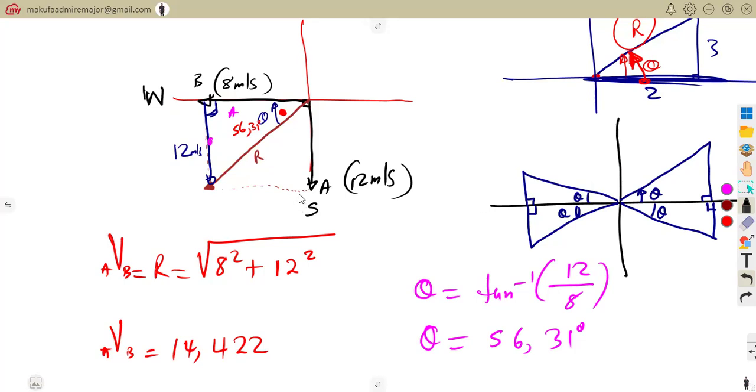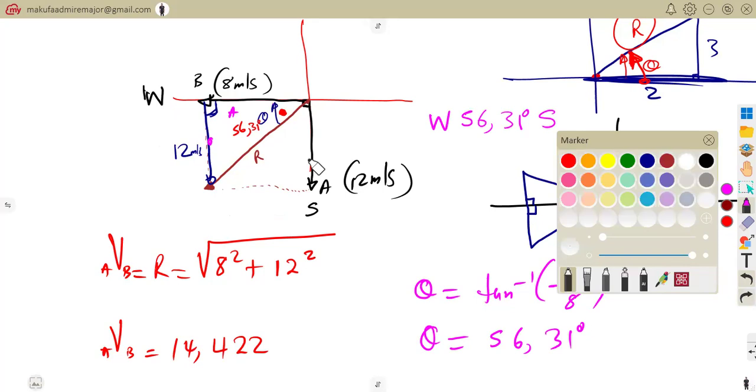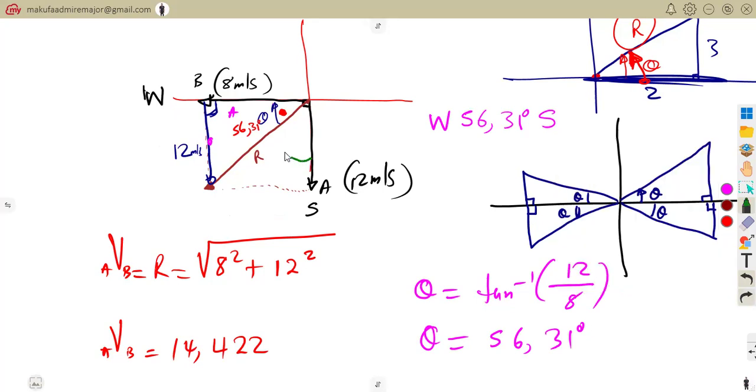That's the south. So according to this angle theta here, it means we are moving from west going to the south. So it'll be west 56.31 degrees going to the south. Or maybe you could have used this one, from south going to the west.